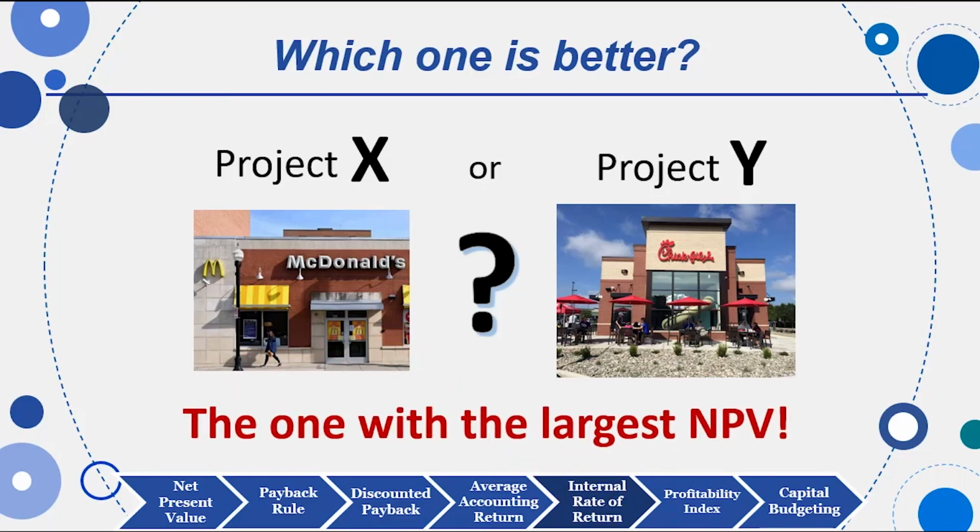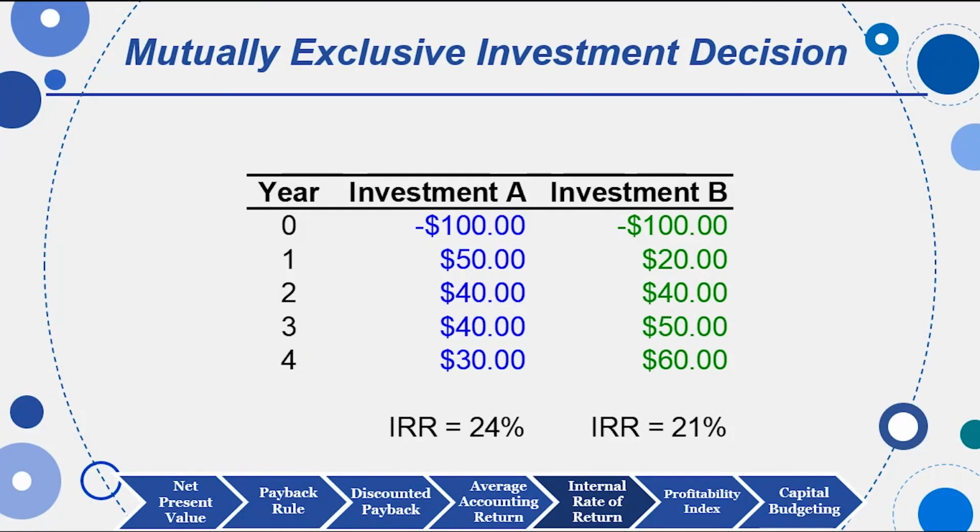So we lay out the cash flows. Notice that they both cost $100,000 in investment. They have different cash inflows over the years. And if I do an IRR, this table says take Project A, build the McDonald's. It generates 24% internal rate of return, whereas the Chick-fil-A only generates 21% on that corner.